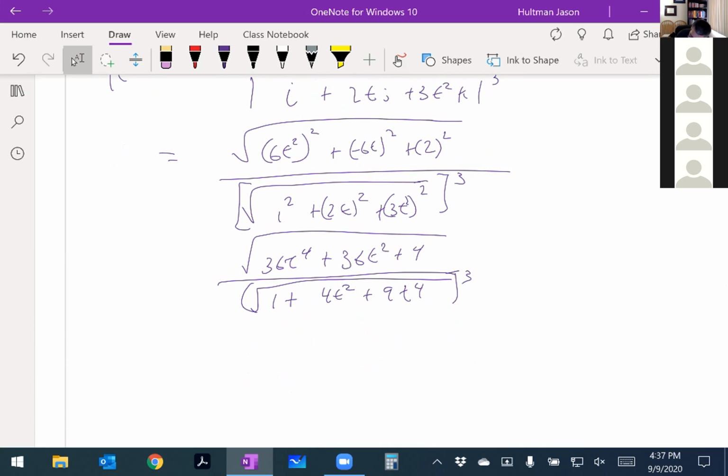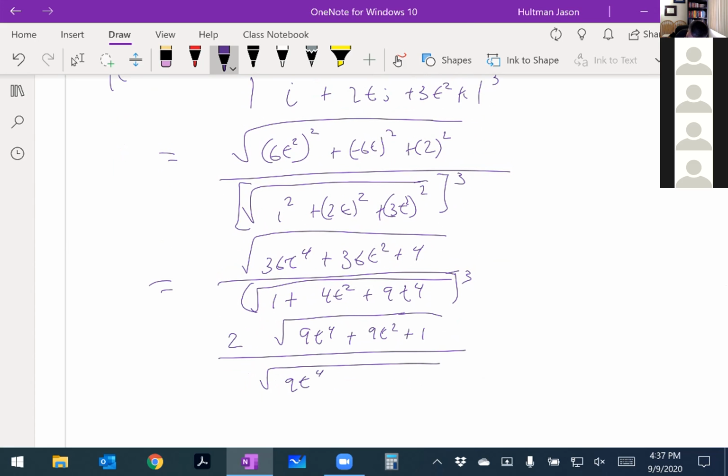So I could factor out a 4 here if I really wanted to: 2 times the square root of 9t to the 4th plus 9t squared plus 1, all over the square root of 9t to the 4th plus 4t squared plus 1, all to the 3rd power. And that's about as far as I can go with that.